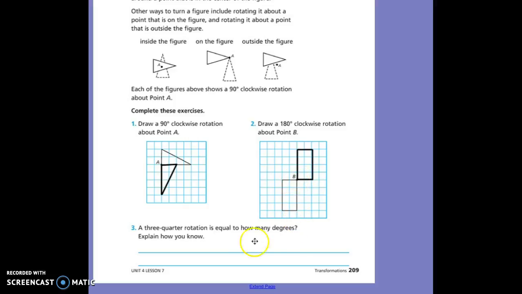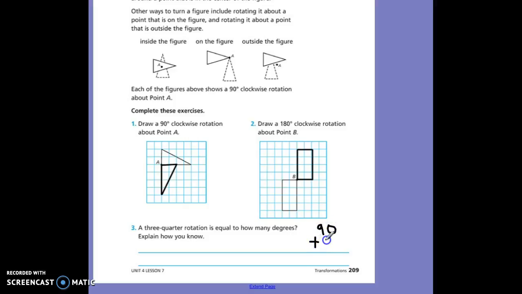Okay? All right. A 3/4 rotation is equal to how many degrees? Explain your answer. Well, let's think about this. I know that 90 degrees is one turn, and that 90 plus 90 is 180.